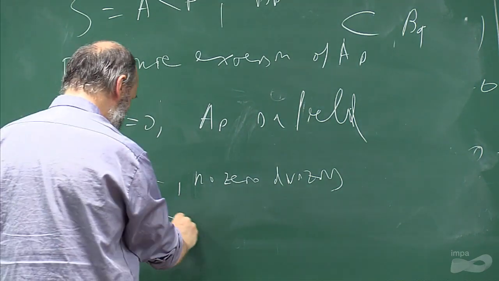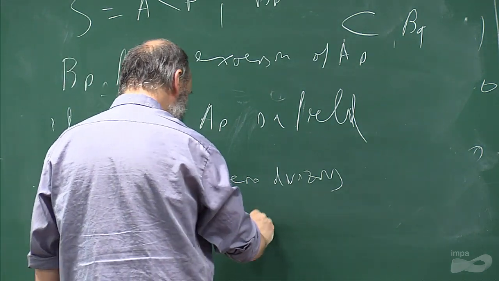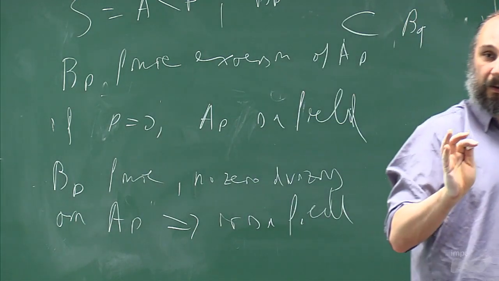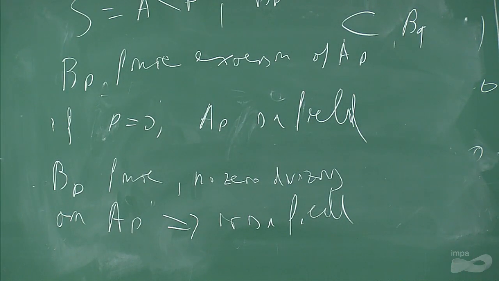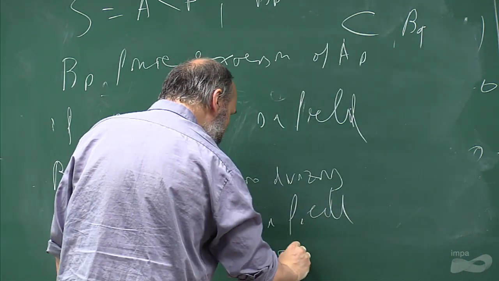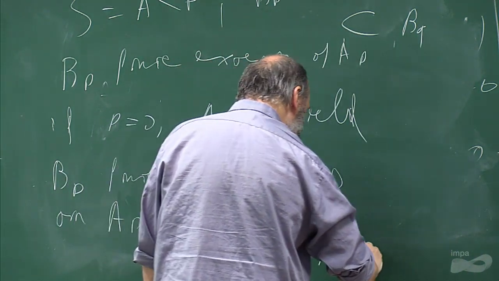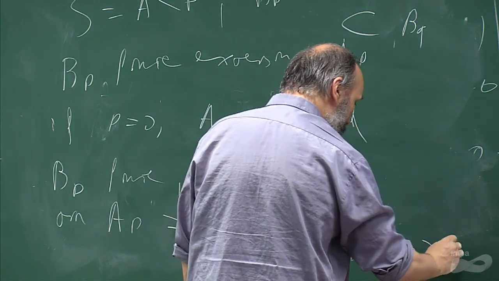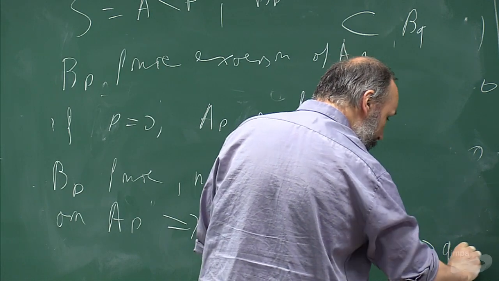Then it is a field. This follows from our classification of Artinian rings. It has to be a field extension. Good. But then B_P, it's a contradiction. It cannot be, because B_P contains Q, which is a non-zero ideal.